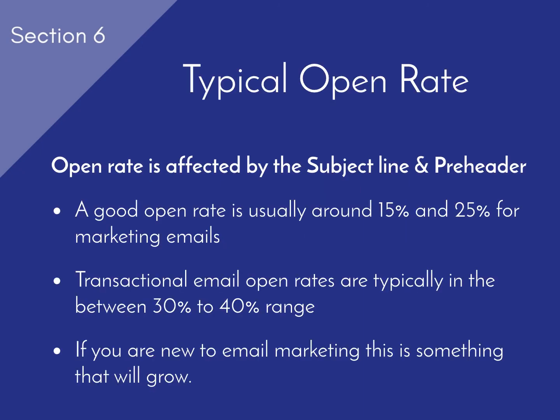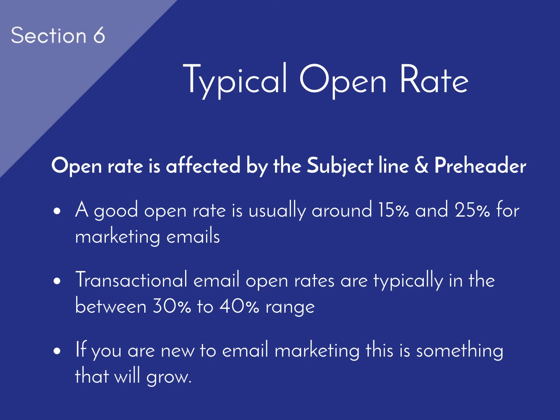All right, so let's talk about typical open rates. An open rate is affected by your subject line and your pre-header. However good your subject line is, that's going to directly affect how many people open your email. So that's why subject lines are really, really super important.